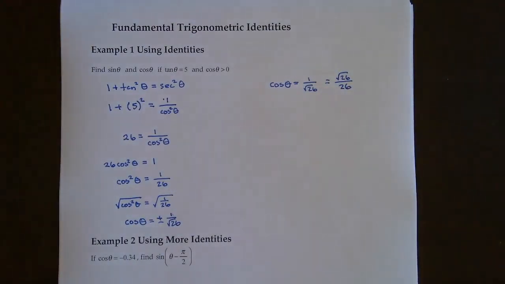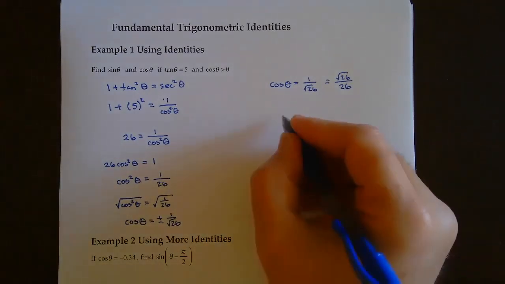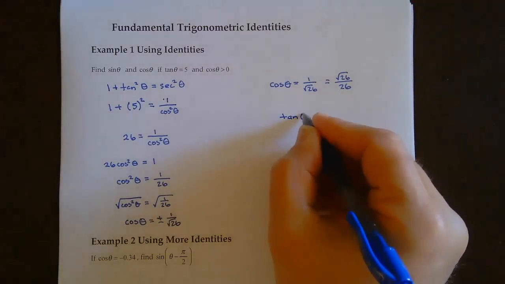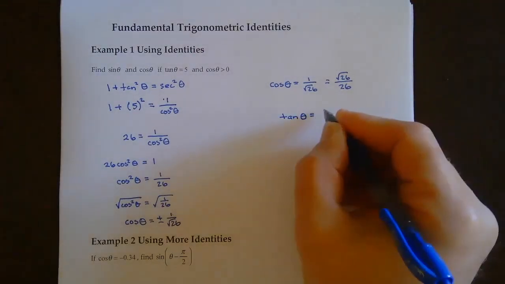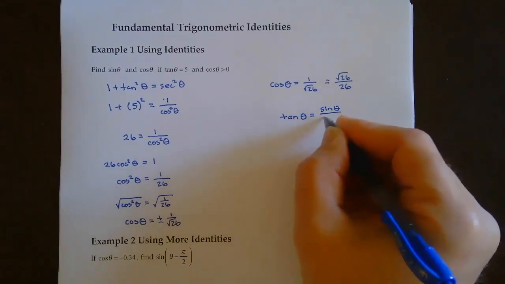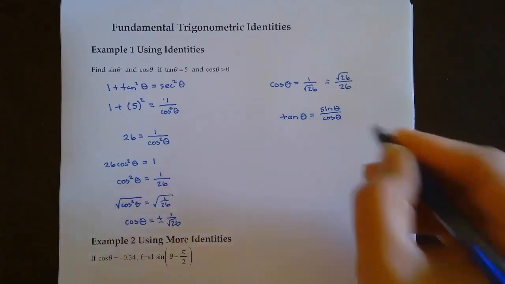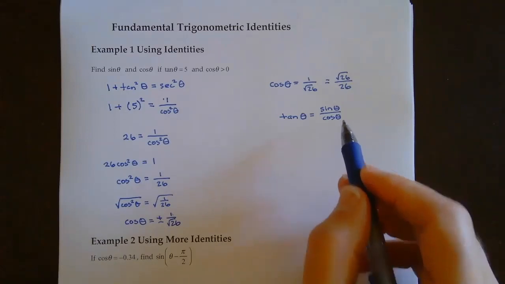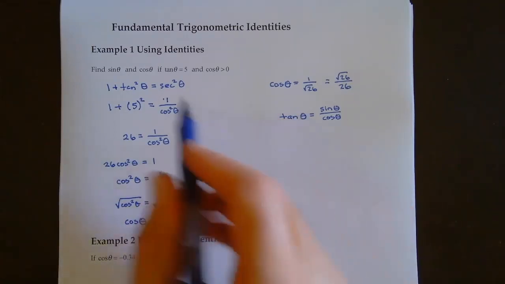So now how do I get what sine theta is? I know I'm going to use this trig identity: tan theta is equivalent to sine of theta over cosine theta. I didn't want to start with this because there were two unknowns. But now there's only one unknown, because I know what tan theta is, since it was given to me.